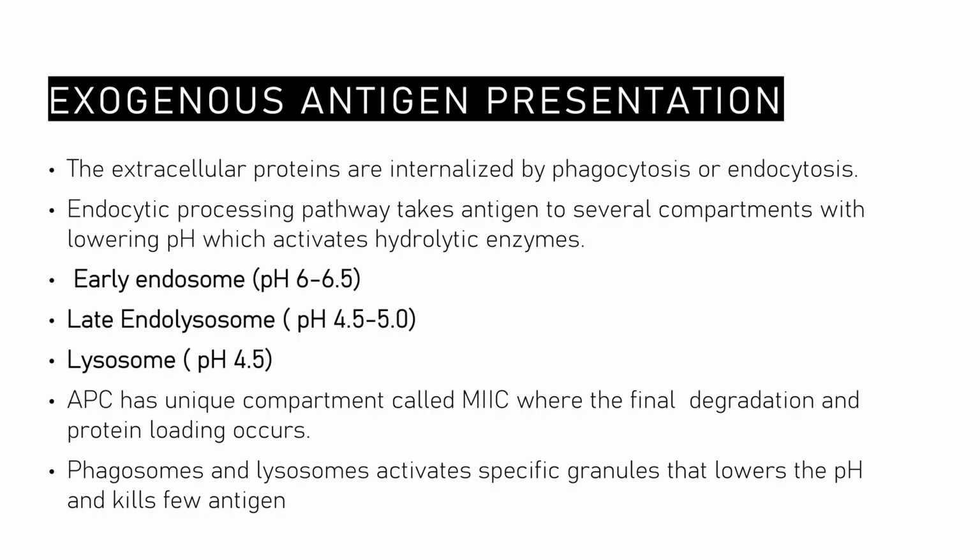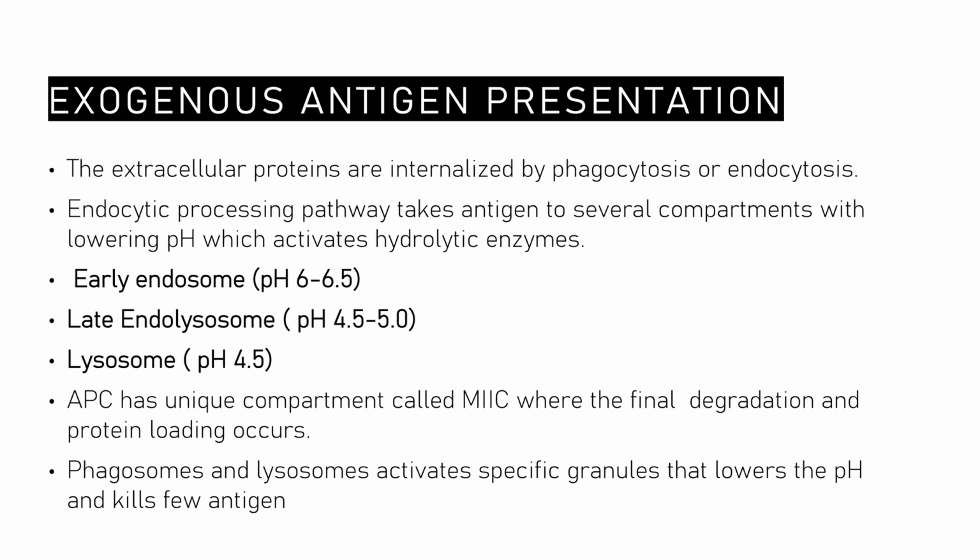Exogenous antigen presentation. The extracellular proteins are internalized by phagocytosis or endocytosis. The endocytic processing pathway takes antigen to several compartments with progressively lower pH, which activates the hydrolytic enzymes.